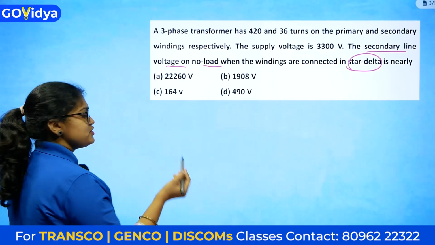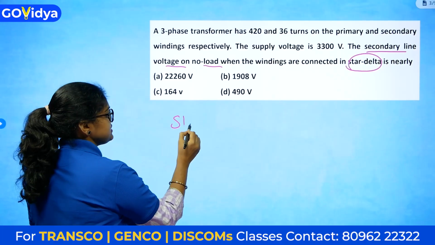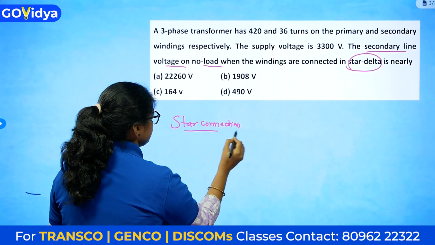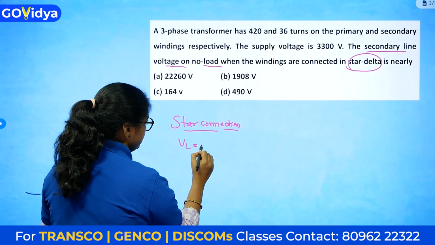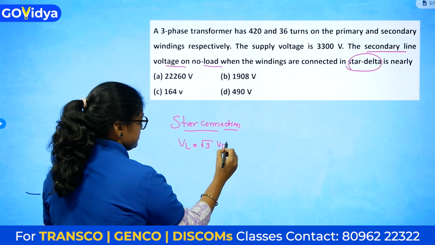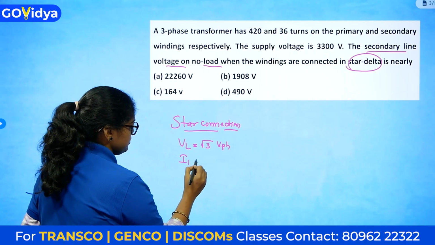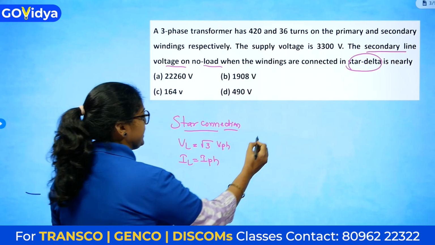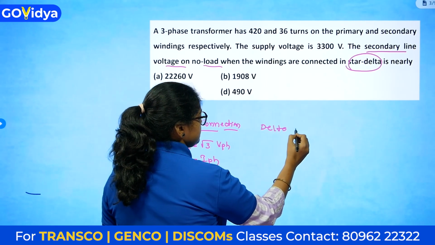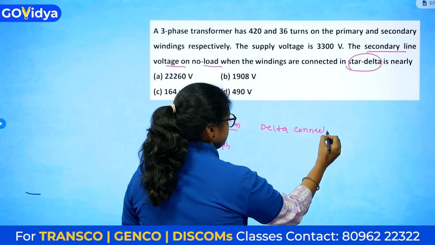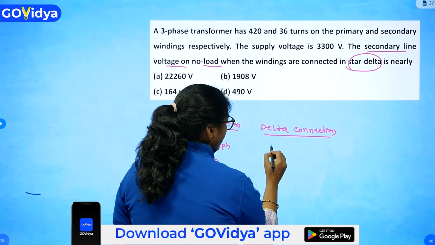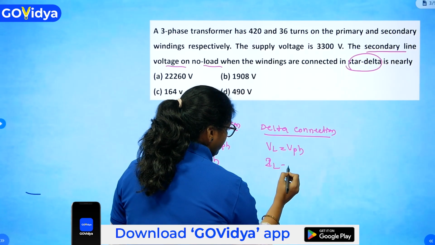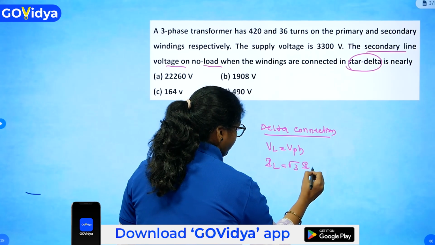Before doing the problem, let's know some of the basics. In the star connection, V line is equal to root 3 V phase and the current IL is equal to I phase. Yes or not? Coming to the delta connection, the voltage VL will be equal to V phase, and the current IL is equal to root 3 I phase.